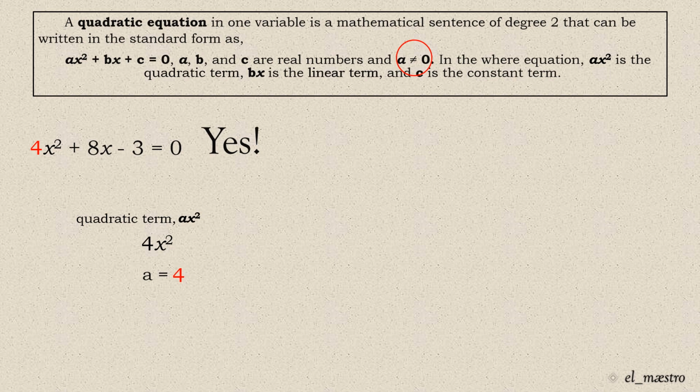So, it has a quadratic term. By that, we can say this equation is a quadratic equation. Okay? So, let's identify the other terms in your quadratic. Okay, the linear term. What is the linear term in the equation?